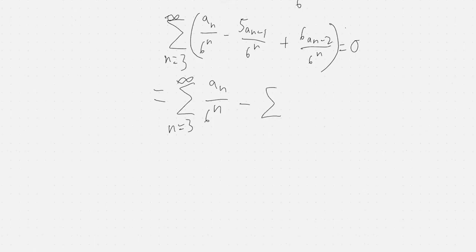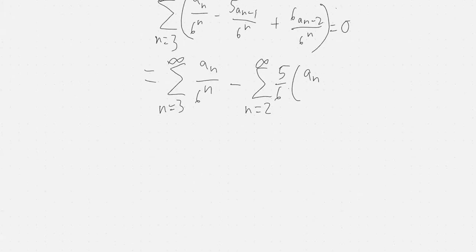And this would be 2 to infinity because you start at a of n minus 1. And this one would start at 1 because it's a of n minus 2, and then you started at 3.